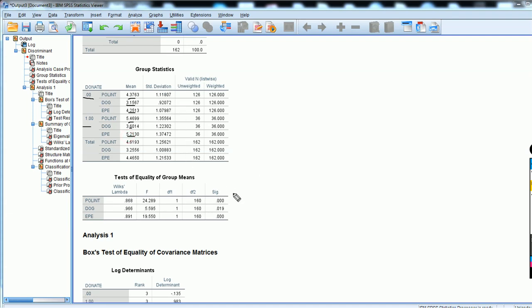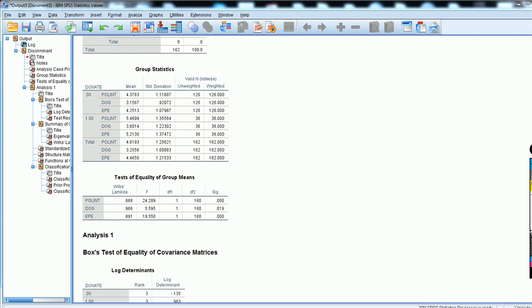Down here, these are the univariate ANOVAs. This is comparing the intention to donate and the intention not to donate groups with respect to political interest, dogmatism, and external political efficacy. Using the conventional 0.05 threshold for rejecting the null hypothesis, we would say there's a significant difference between groups on political interest, dogmatism, and external political efficacy.